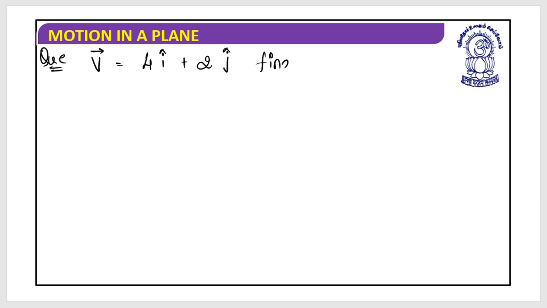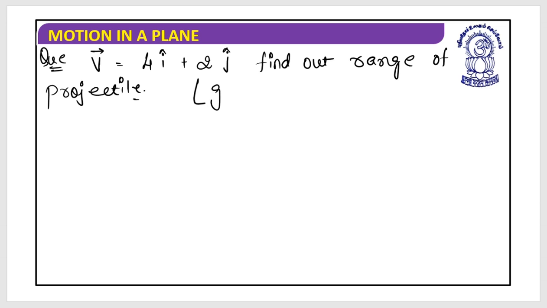Find out the range of the projectile. They also say you can take g equals 10 meter per second square. This is what they have provided.